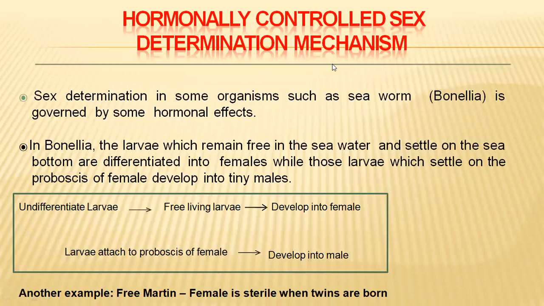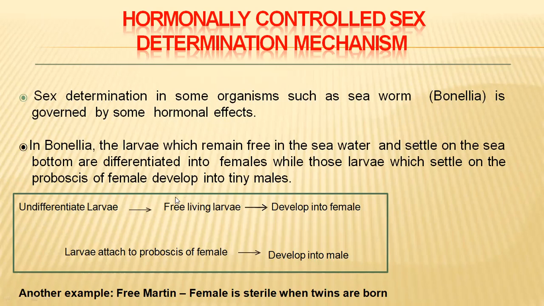And hormonally controlled sex determination mechanism. In this type, sex determination in some organisms like Bonellia is decided by hormonal effects. Once the larvae are released from the mother, they freely swim in the water, and at that time they are not sexually differentiated.